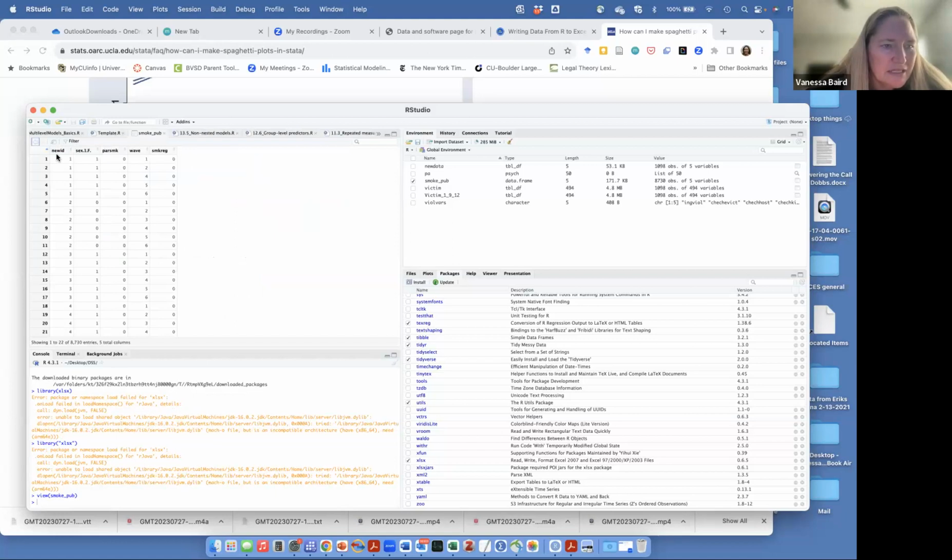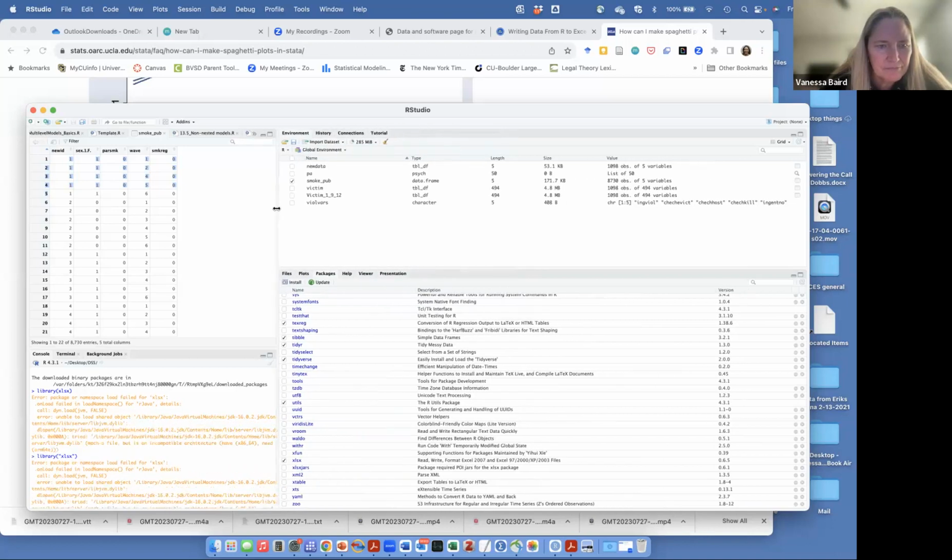So now we've got this. This is like an ID variable, and that ID variable, as you can see, varies across these units. This data is also in the folder that you have.